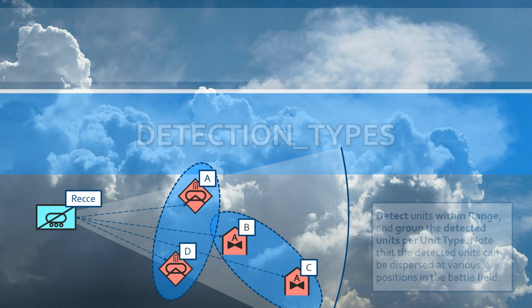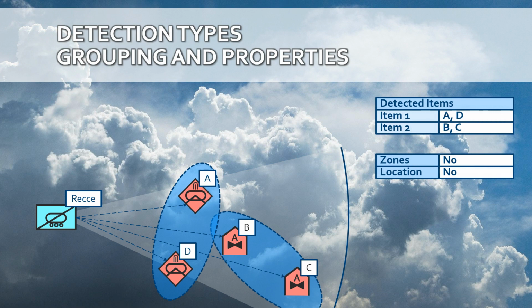What you see here, and this really becomes different, is that when you look at detection types, the list will be constructed in this way. You've got item 1 here, which in its set could contain unit A and D, and then item 2 would contain unit B and C.